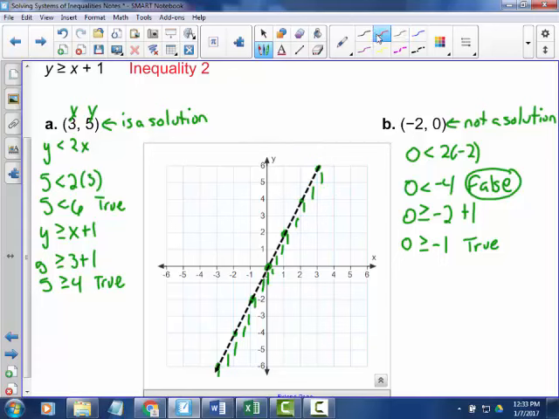Okay, so our other inequality was y is greater than or equal to x plus 1, so we start at 1. Our slope is also 1, so we rise 1 to the right 1, or we go down 1 to the left 1. If I'm going to rise, I fall.